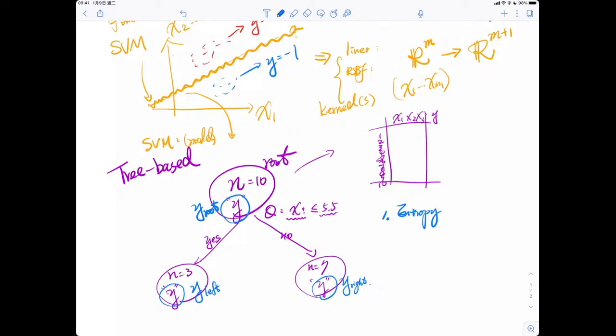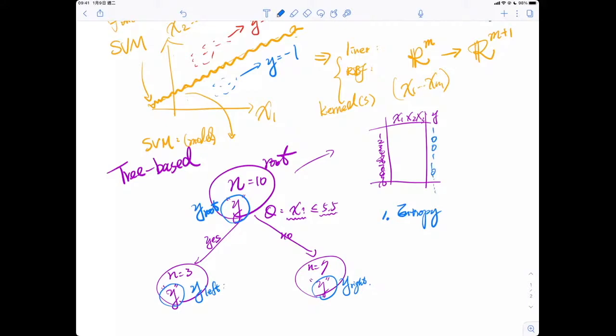In my opinion, if I can find a question, for example x1 less than 5.5, that can partition the original 10 data points into 2 data sets, y left and y right, where all of the y's in y left are the same, and all of the y's in y right are the same.